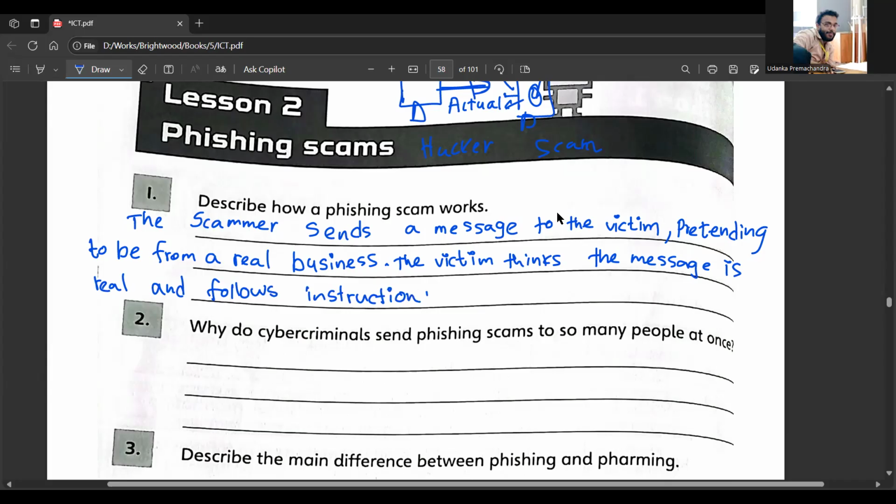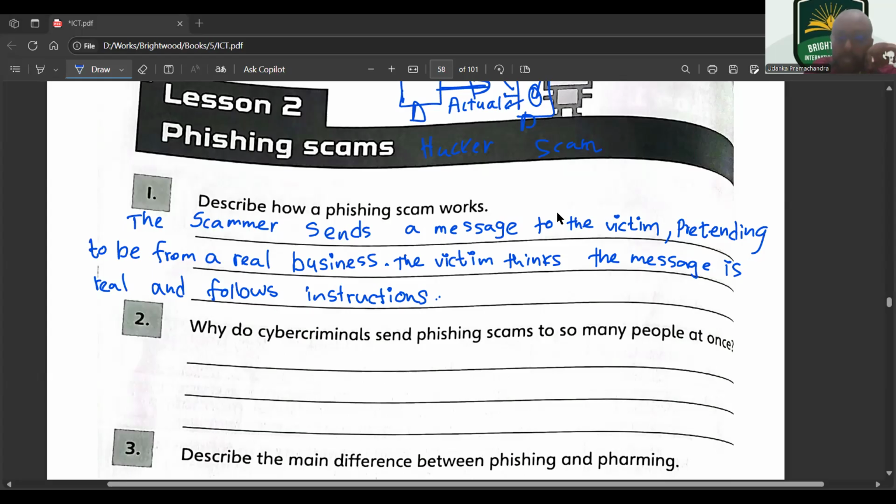The victim tries to follow that instruction, but actually they are trying to grab our details by using that instruction. For example, click on this link and after that you can win a lottery draw or a prize.